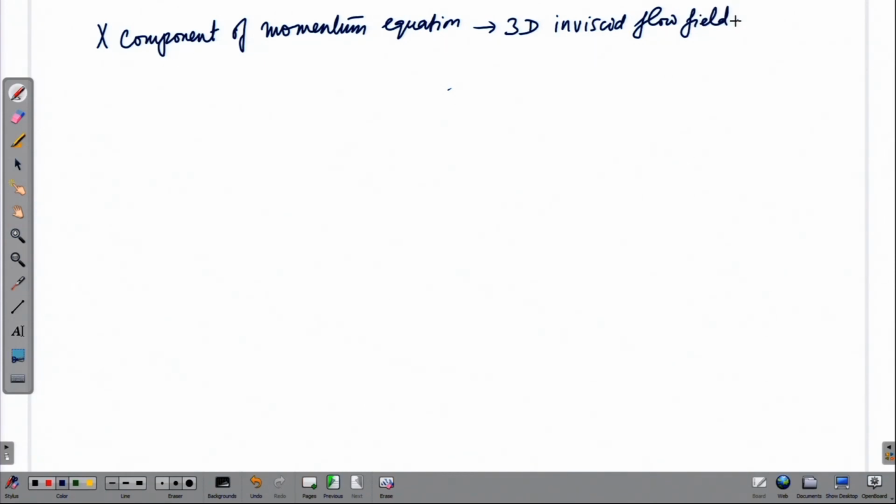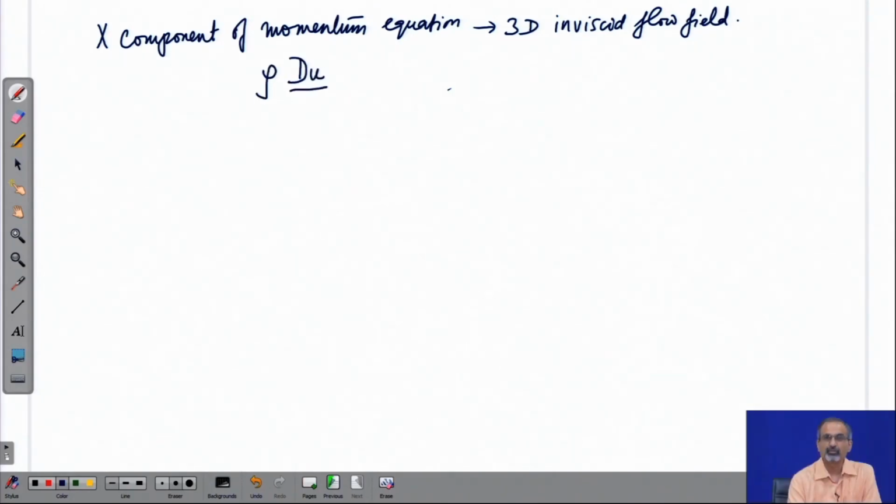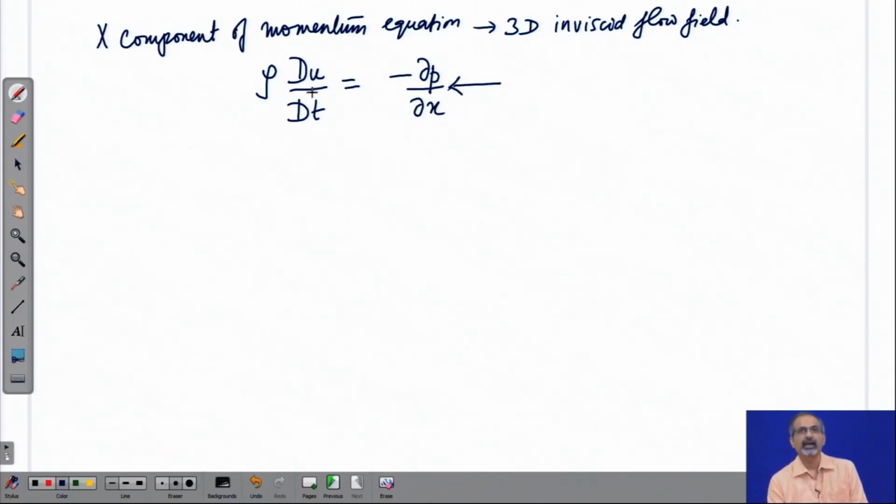So, we will only look at pressure gradient effects, and now viscous effects are also gone, because we are assuming that the Reynolds number is large enough that their effects can be neglected. In such a case, the x component of the momentum equation can be written like this. Only the effect of pressure gradient will decide on the acceleration of the flow.